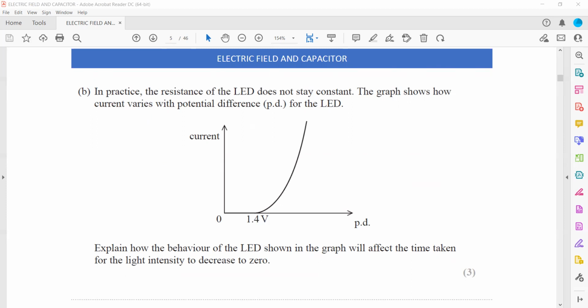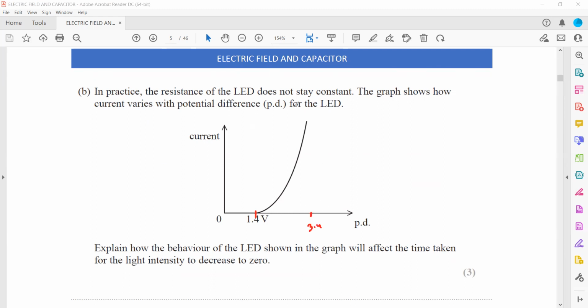So from the graph, as the potential decreases, from 1.4, usually its resistance is not changing. If it was a straight line, this is 1.4 and this is 3.4, the potential.